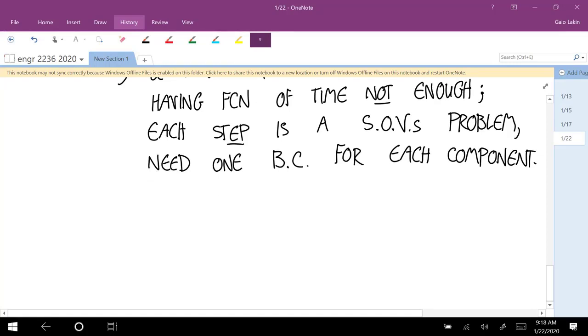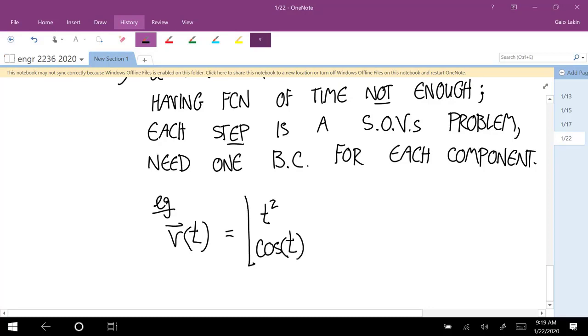So for example, let's say that you know that velocity as a function of time is equal to t squared, cosine t. What's the position as a function of time?